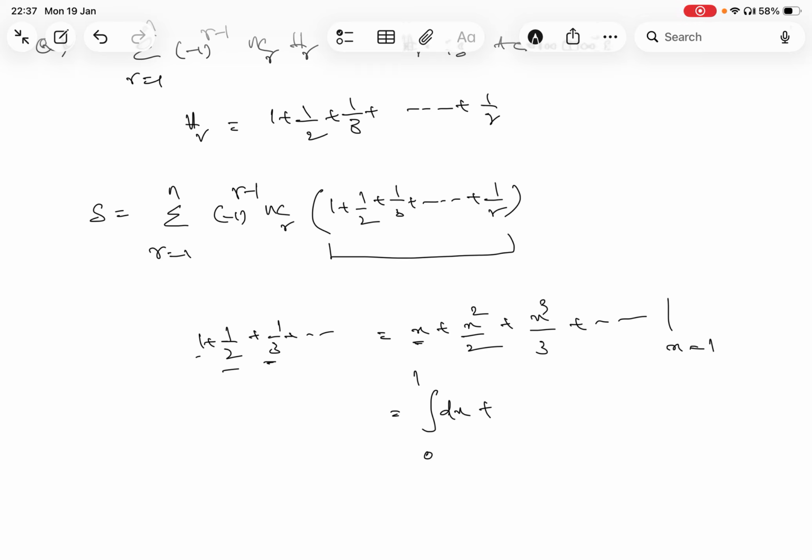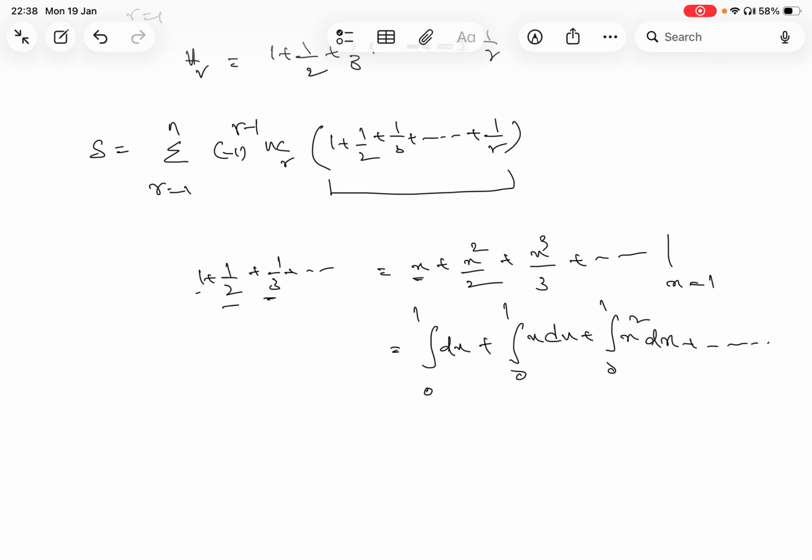Similarly, the integral from 0 to 1 of x is x square by 2, and with the limits it becomes 1 by 2. Now let's write this summation as the integral from 0 to 1 of 1 plus x plus x square plus and so on plus x power r minus 1 into dx.